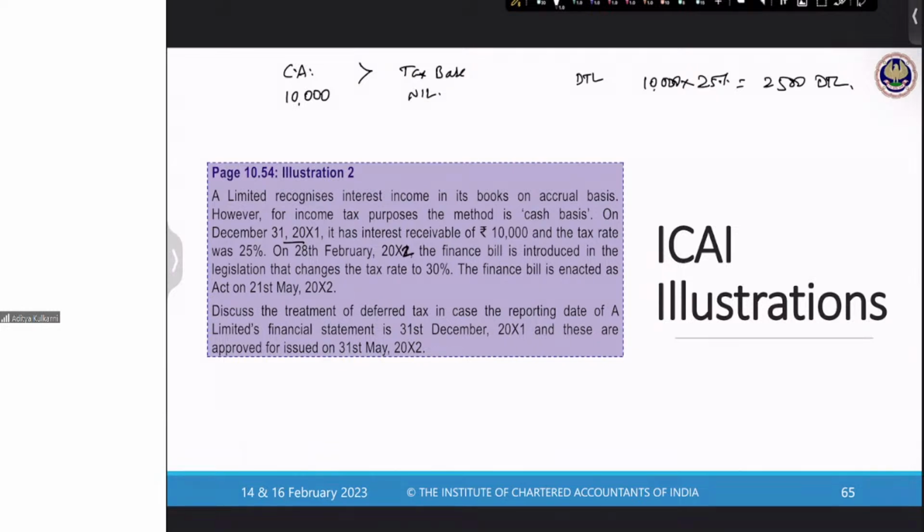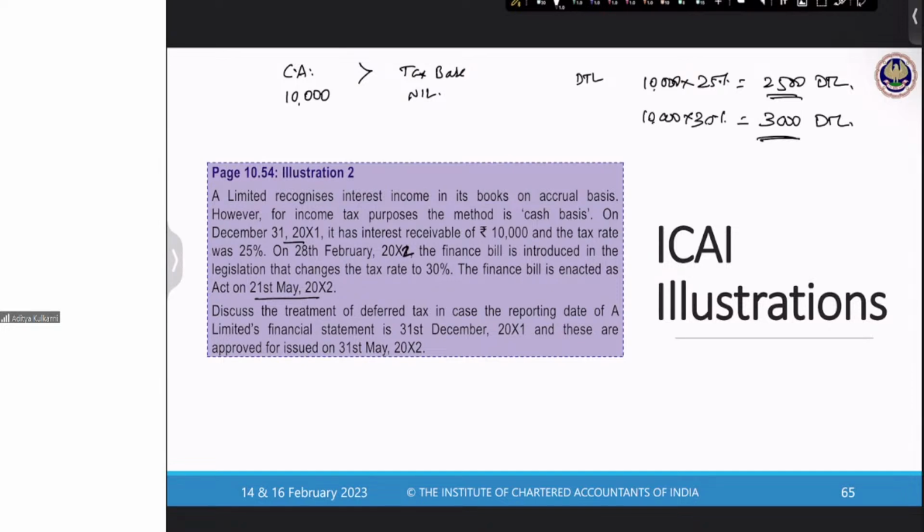This bill is enacted on 21st May 20X2. Will I change the deferred tax liability to 3,000 is the question. Should I record a DTL of 3,000 or should I keep it at 2,500? That is the question which I will have to answer.